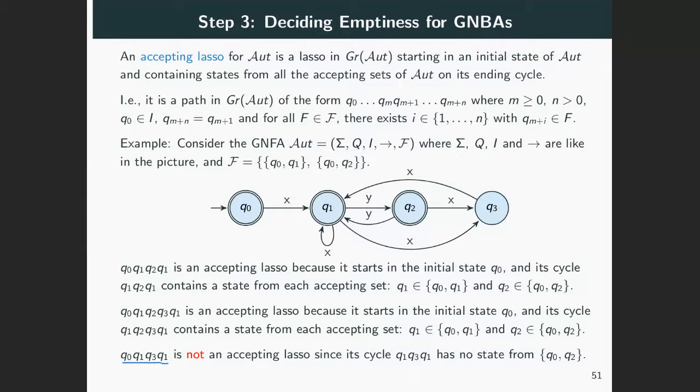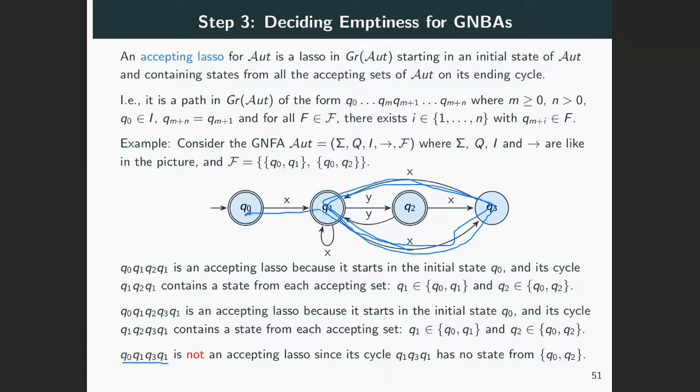So it looks like this. Start with a stem, Q0, Q1, and then we have the cycle Q1, Q3. We have the cycle between Q1 and Q3. Why is this not an accepting lasso? Because it does not intersect one of the accepting sets, namely Q0, Q2.